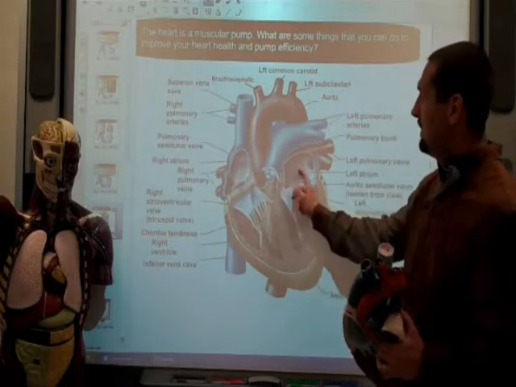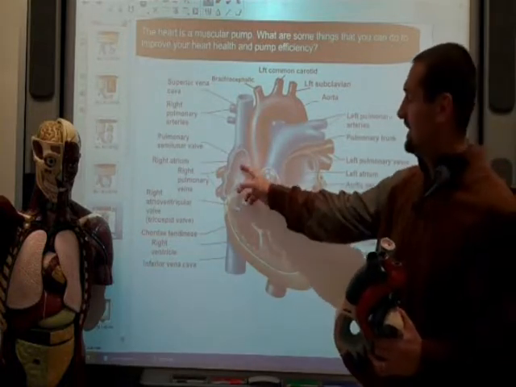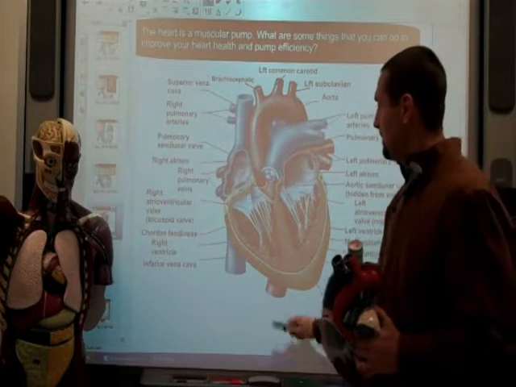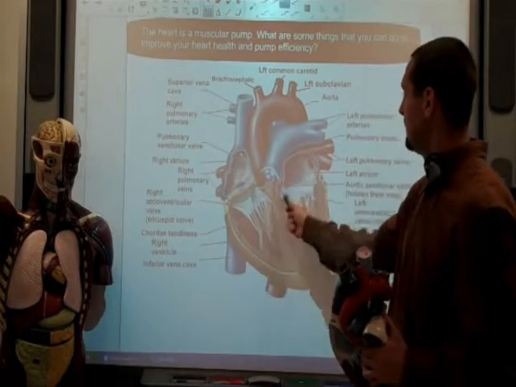Here's the atrium again, these upper chambers. All right, so that's the atrium, these upper chambers. So there's an atrium, there's an atrium.